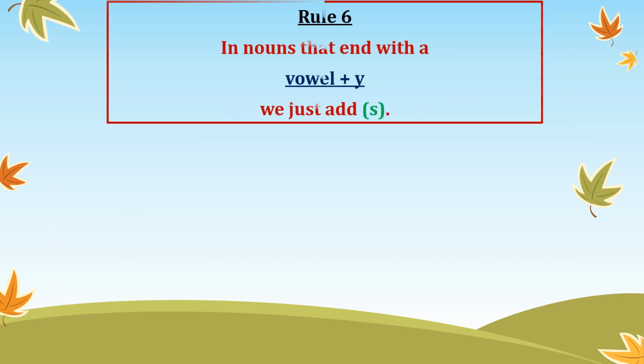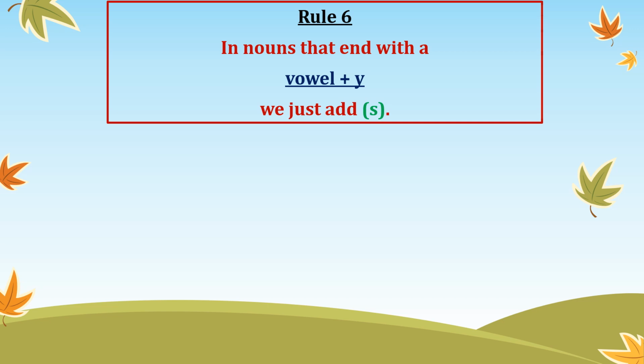Rule number 6 says, if a noun is ending with a Y, just check what is there before Y. If you don't have a consonant and rather you have a vowel, then in that case, Y doesn't get cut. Vowel will protect Y and Y will remain there only.